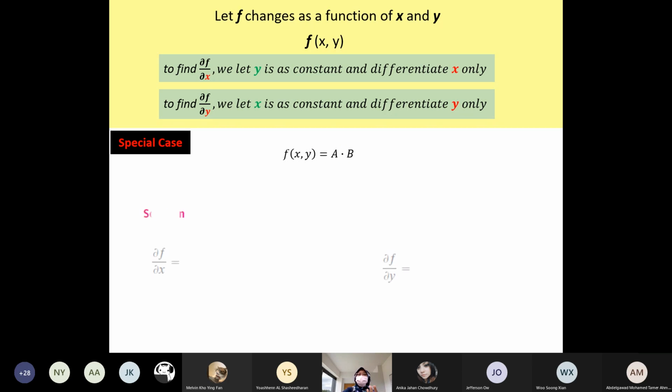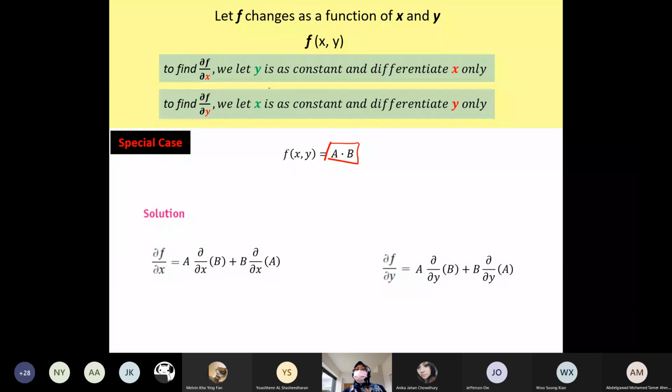For example, here, you have a function of A and B multiplied together. So if you want to find the partial differential, you have to use a multiplication rule. So what does the multiplication rule say? You have A differentiate B plus B differentiate A.